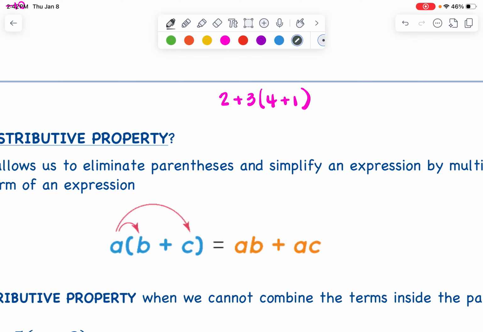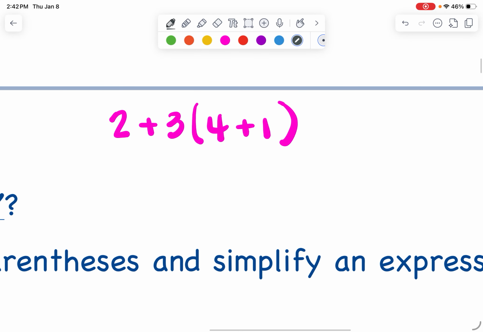Now, in this case, this looks like a question like we did yesterday. The first thing I notice is that these are PEMDAS parentheses because I can actually simplify what's inside. If I simplify what's inside, I would get 5. I'm going to leave that in parentheses because I still have a 3 in front of it.